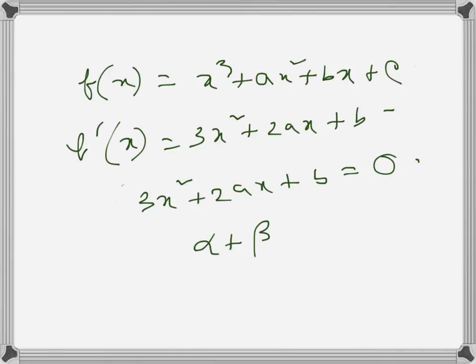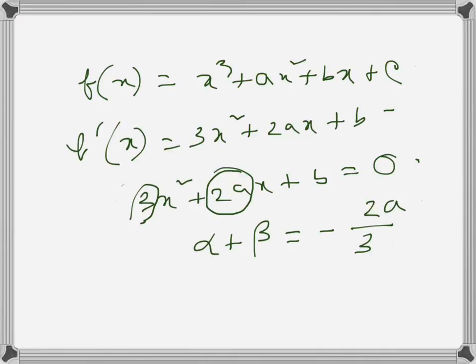So alpha plus beta is minus b over a. Here b is 2a, the coefficient of x, and the coefficient of x squared is 3. So this is the first part that we needed to prove.